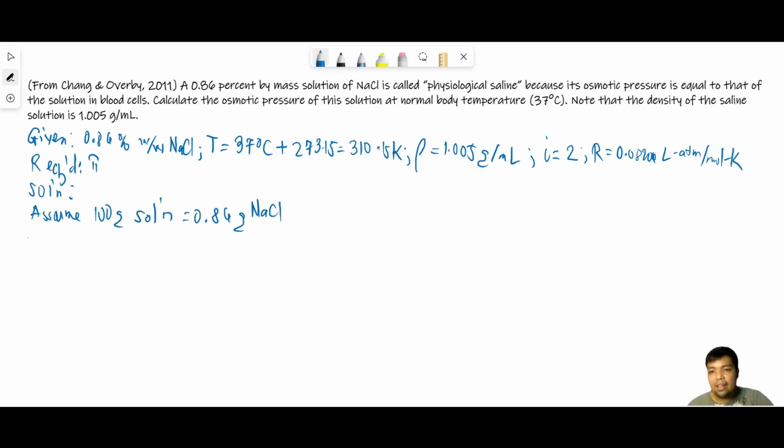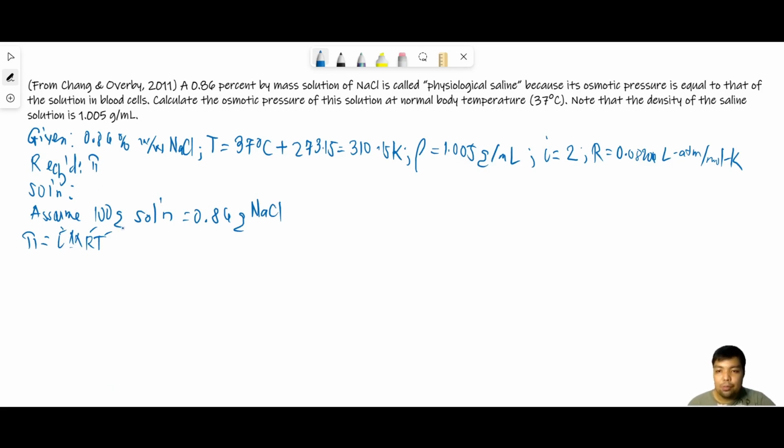And we know that the osmotic pressure is equal to iMRT. So we already have this one. This is a constant, and this is also given in the problem, but we do not have the molarity of your solution. So how do we solve for the molarity of the solution?